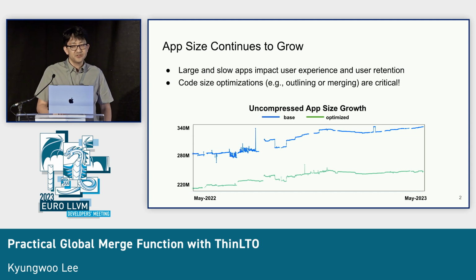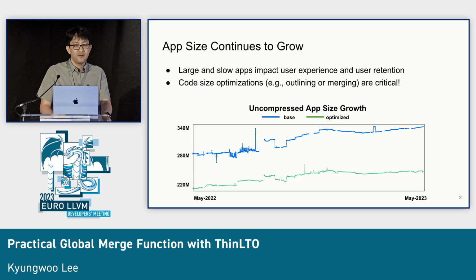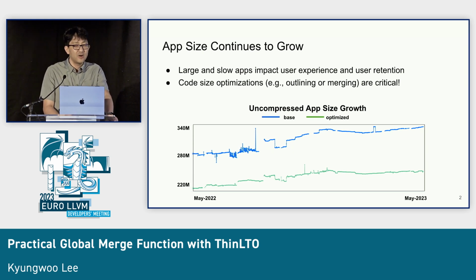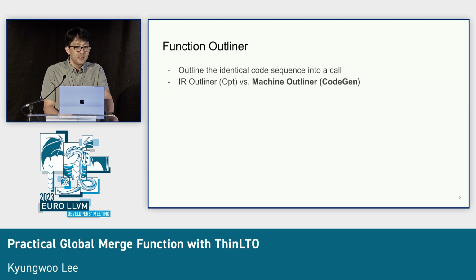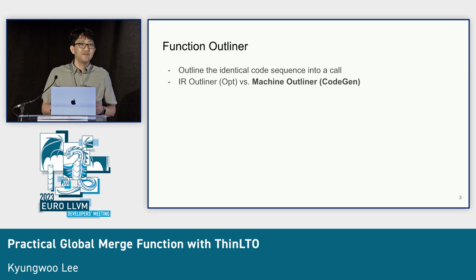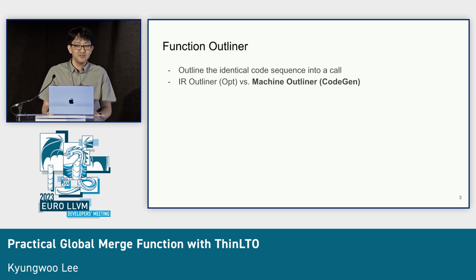In this presentation, my primary focus will be on function outlining and function merging, both of which are key components of size optimization. A function outliner identifies the same code sequences that are repetitive and replaces them with function calls.